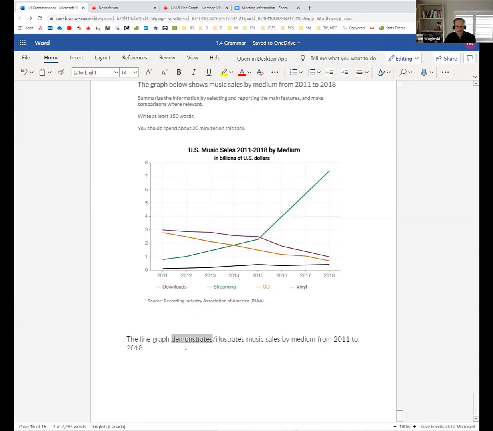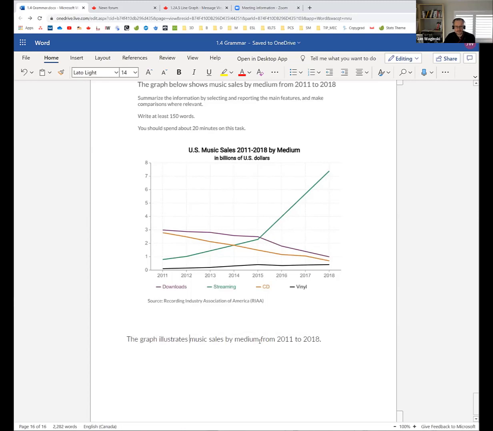If you have a process diagram, you might say the diagram demonstrates how bricks are produced, or the diagram demonstrates how chocolate is produced. But for these, it's always illustrates. You can always use this phrase, the line graph, or simply the graph illustrates.